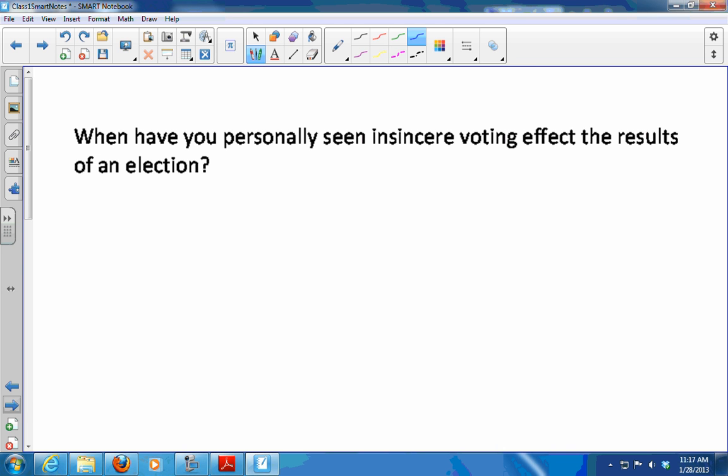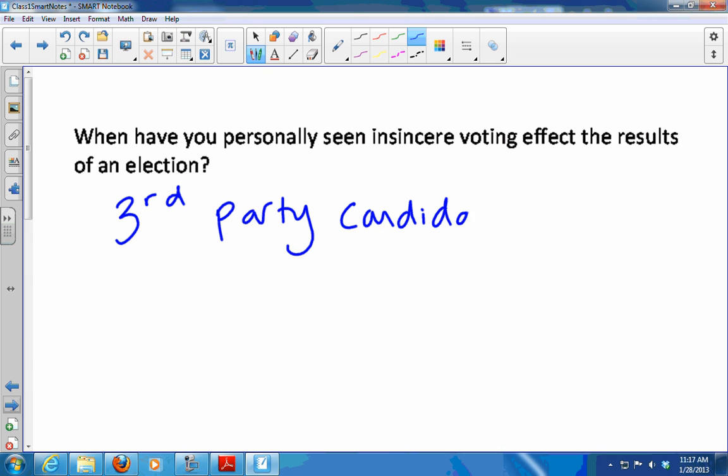Yeah, Ross Perot. Third-party candidates in our system make this happen all the time. Ross Perot, Ralph Nader, Bob Dole. So third-party candidates in a two-party system.